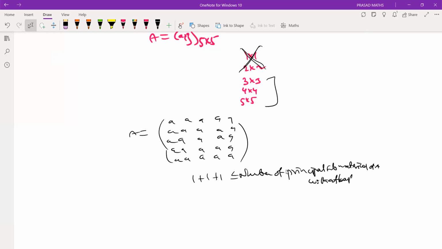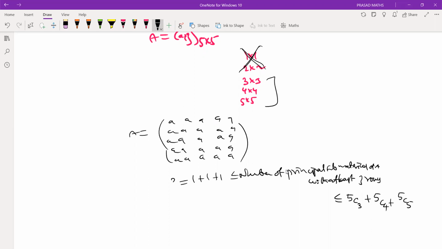Now if all are distinct, what is it? 5C3, tell me. If distinct, 5C3. Only 5C3, and then 5C4 plus 5C5. So what is the answer?